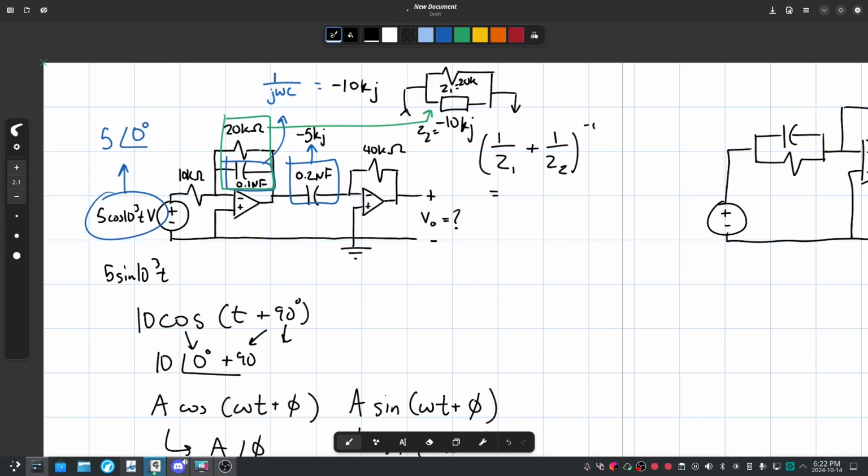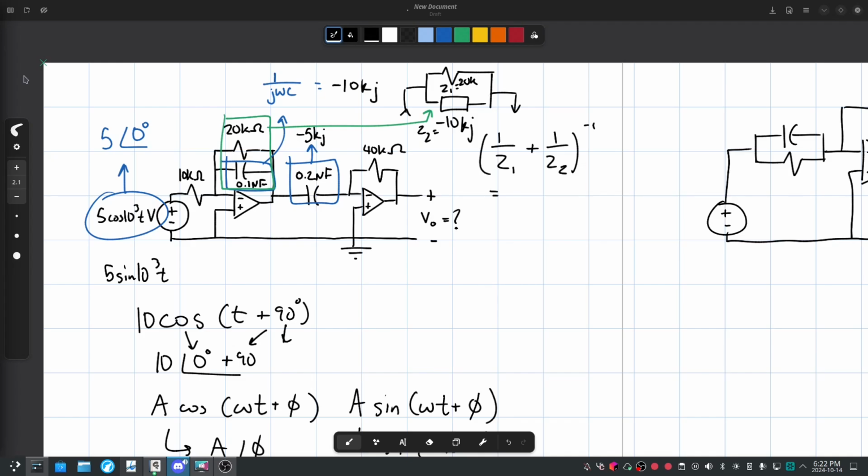I hope that makes more sense, because I was sort of skipping steps. My bad. Yeah, it's from the capacitor. So we're combining these two here. No worries.